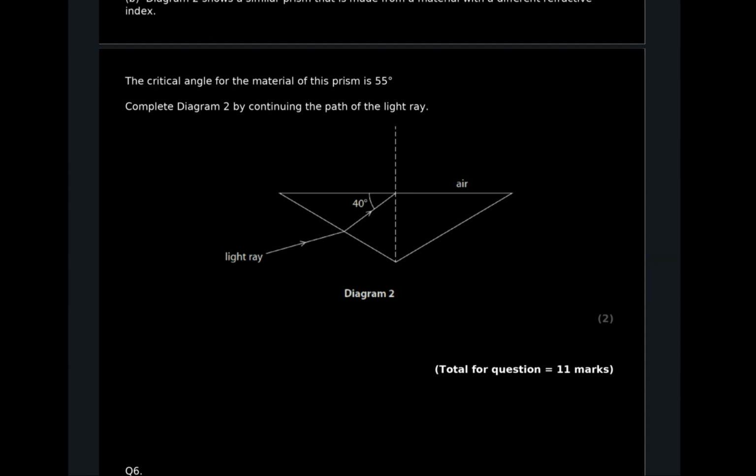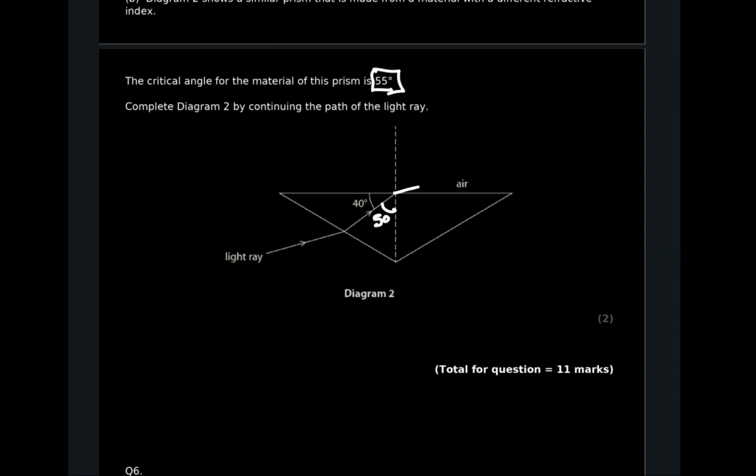But there is this information we are provided. The critical angle is 55 degrees. And the angle of incidence in the dense medium is 50. You can see the angle of incidence is less than the critical angle.